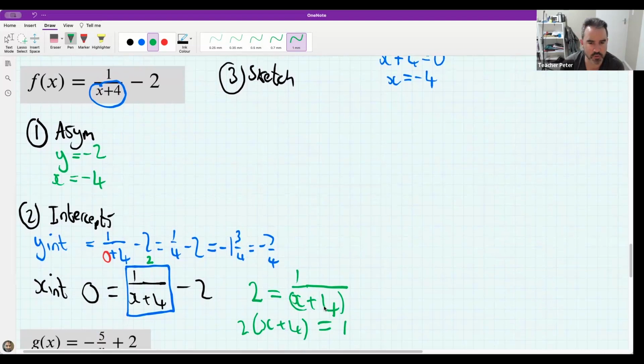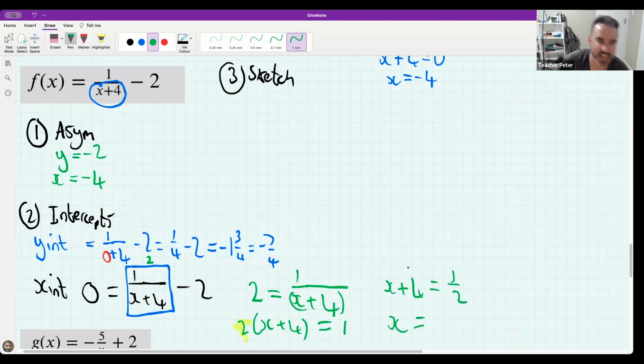Now, just follow what I'm doing. I've left the 1 on top, but the x plus 4 is moved to this side. Now I'm going to move this 2 back to the other side, and I'm going to get x plus 4 is equal to a half.